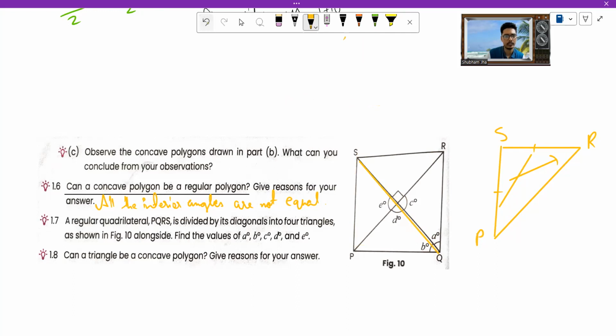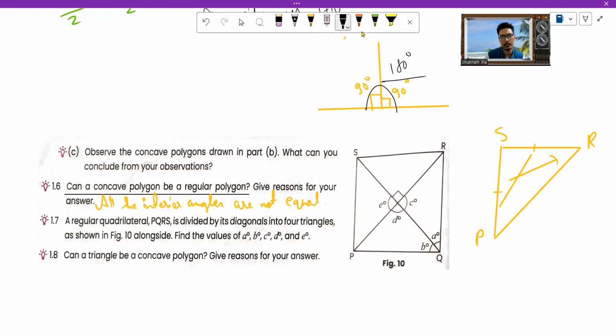If one of the angles is 90 degrees, then the angle on the other side will also be 90 degrees, because it is a straight angle of 180 degrees.